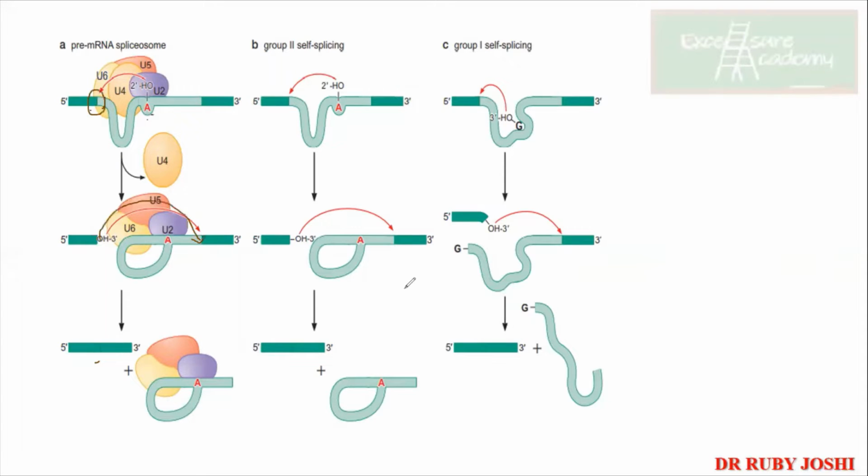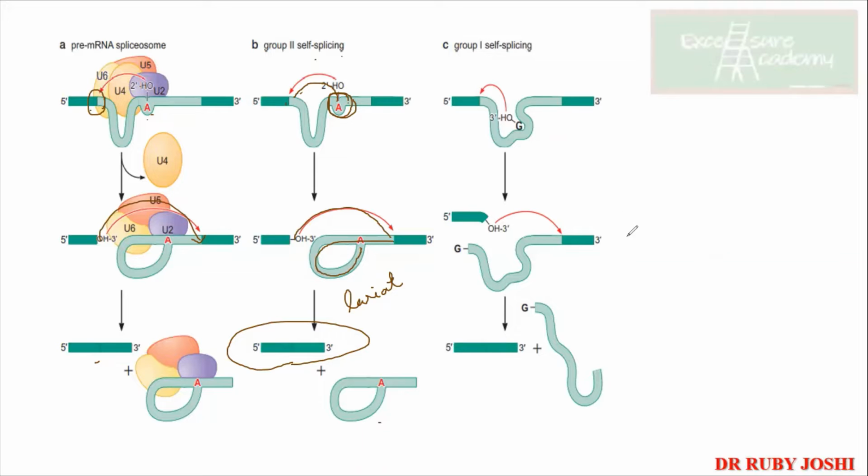Now in group 2 self-splicing, you don't need any machinery. It itself acts as an enzyme. A is again present at the branch site. The 2'-OH nucleophilic attack joins it, and here also it forms a lariat. Then the 3'-OH attacks the phosphate group present over here. Similarly, the two exons are joined and the lariat is removed.